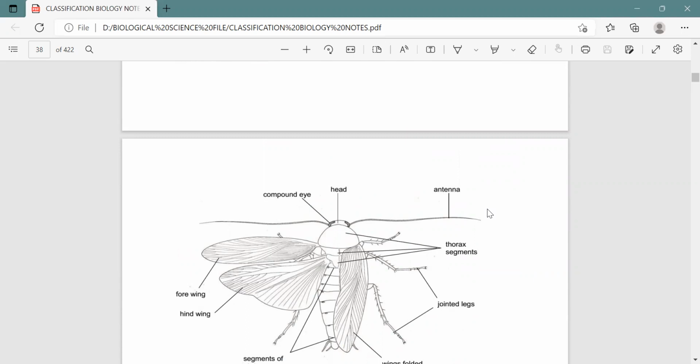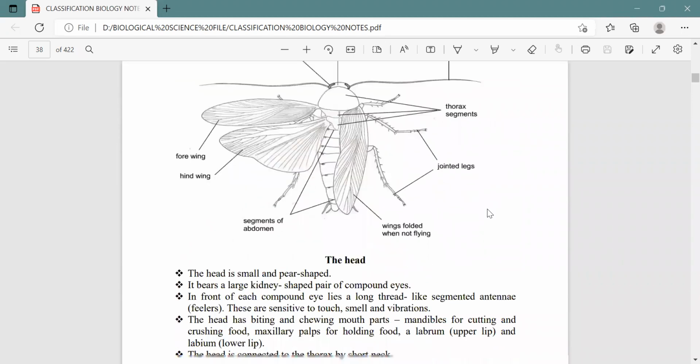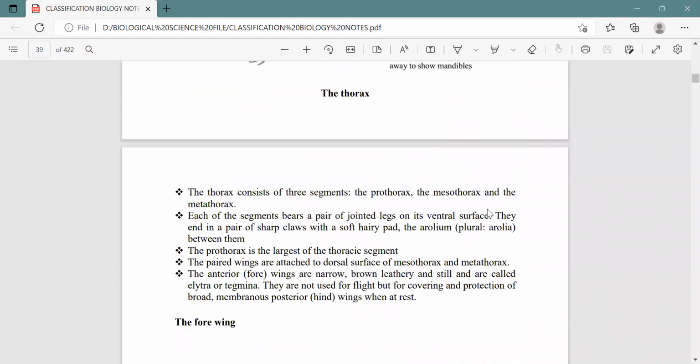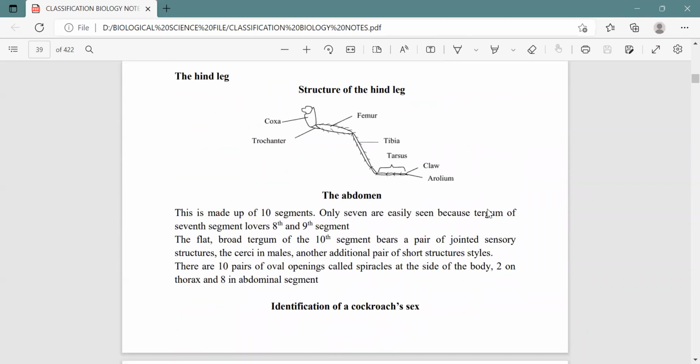On the second segment of the thorax, we can call them mesothoracic legs, or on the third segment, we can call them metathoracic legs. That structure shows the hind leg, like that one, located on the metathorax, the last segment on the thorax of the cockroach. That is how it looks.